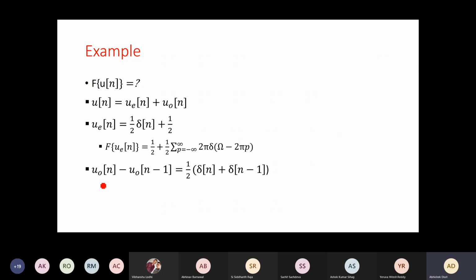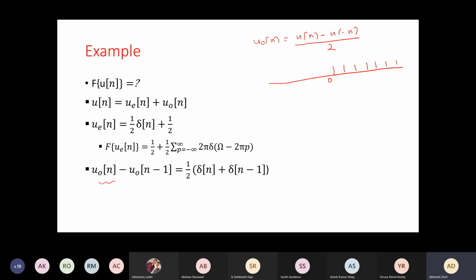Now for the odd part, what can we do? We know that if we take U odd n minus U odd n minus 1, what is it? What is U odd n, by the way? U odd n, this is UN minus U minus N by 2. Let us plot this also. So this is like this, UN minus U minus N. So I do it slightly quickly.